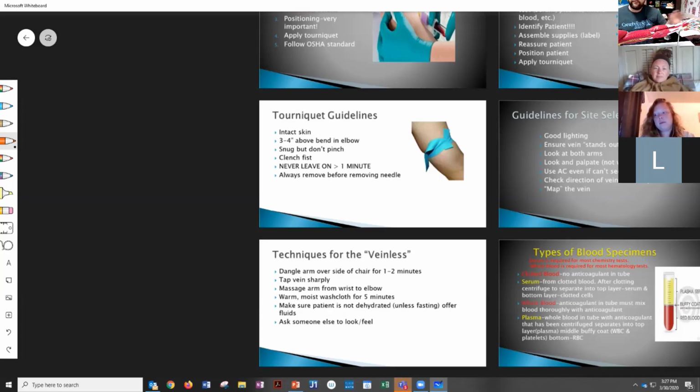Why would we want their fist clenched before you put this on? What's happening when we put this on the arm? What's happening to the blood down here in this part of the arm? It's sort of stopping it, isn't it? It's keeping it from flowing that way, right? Yep, it's stopping it.